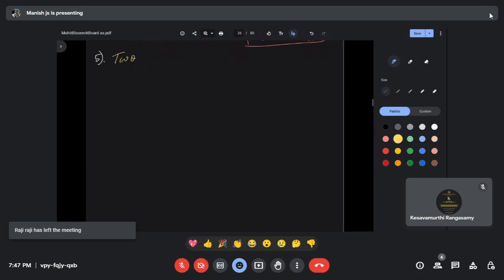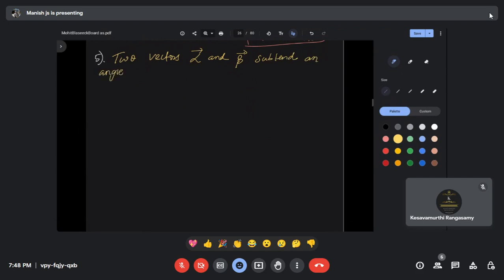Two vectors alpha bar and beta bar subtend an angle theta between them.